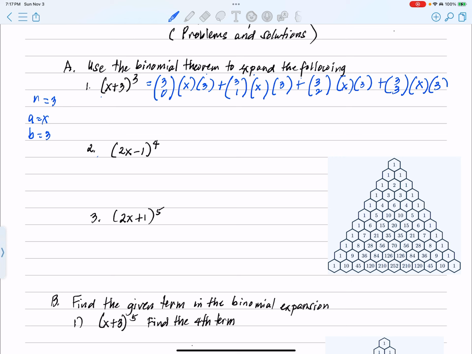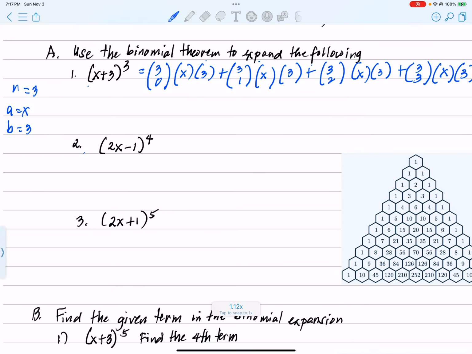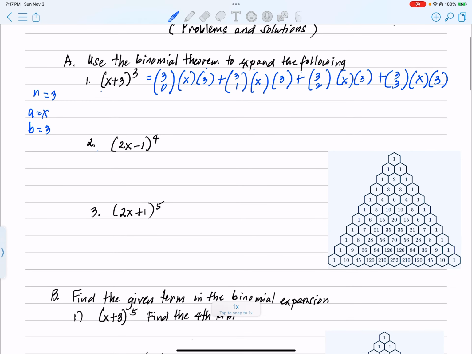Now take note that in terms of the exponent, the first term, the exponents are descending. So that means I start from 3. So I have 3 here. Then next descend to 2.